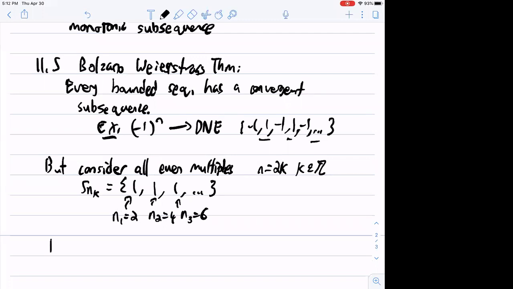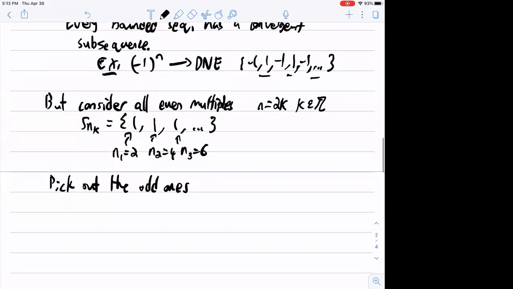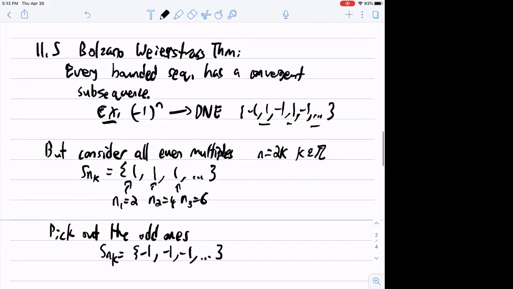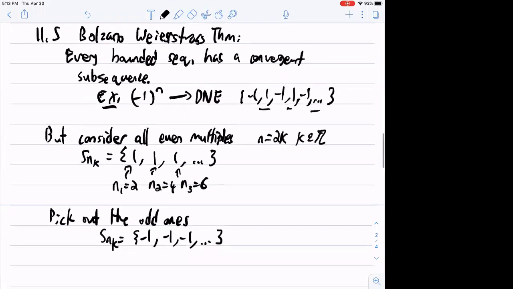And also you could pick out the odd ones. So here I can choose my sequence to be this, right? So in fact, this one actually has two convergent subsequences, with two limits.